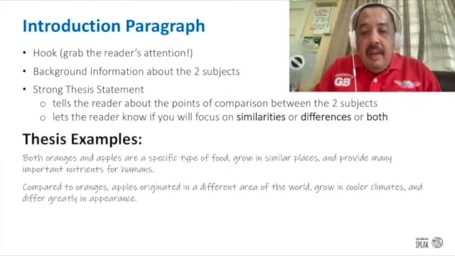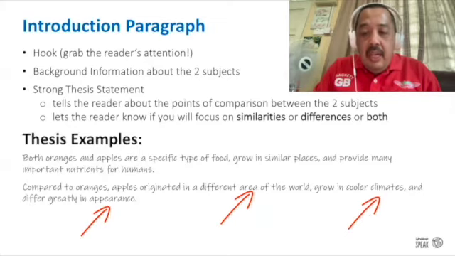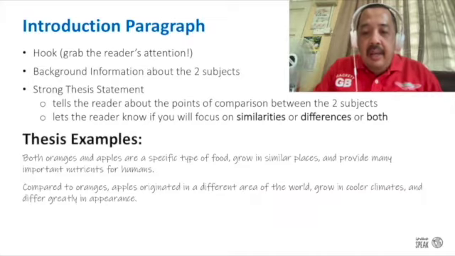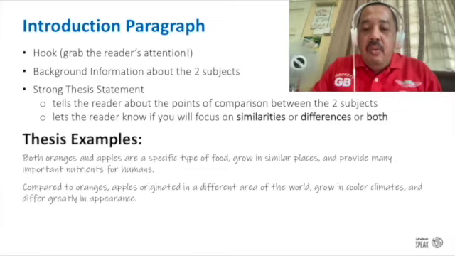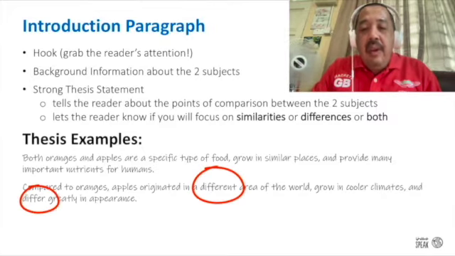So I've let my reader know that the 3 points of comparison are the different area of the world where they originated, where they grow, and they look different. Their appearance is different, and the reader knows I am focusing on differences, right? So I've used the words different area of the world and differ greatly to remind them of that. So our thesis is very focused.